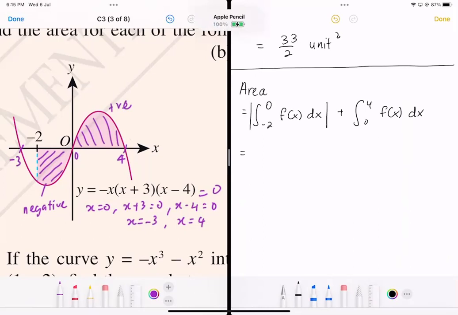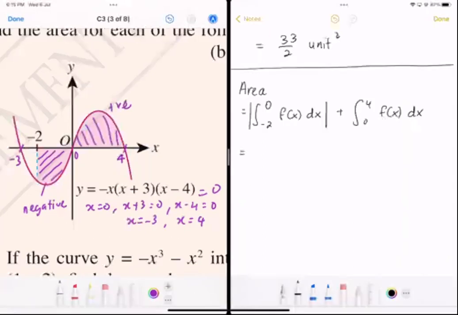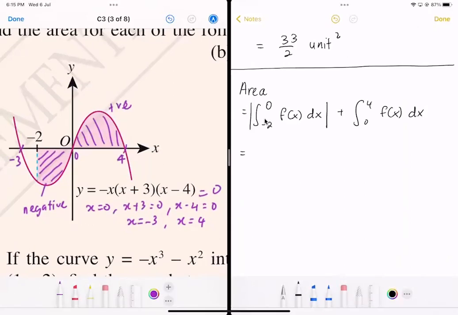Okay, come try. Teacher, the function has to be expanded first, right? Yes, unfortunately, you need to expand it first. So it's very long, actually.